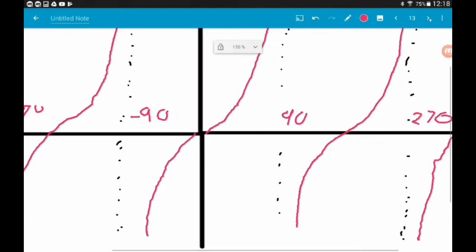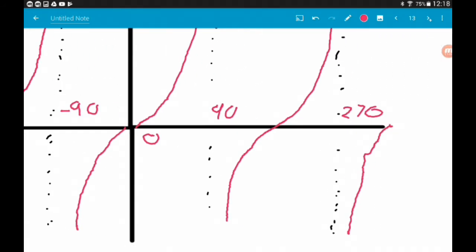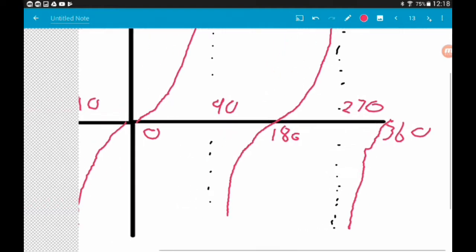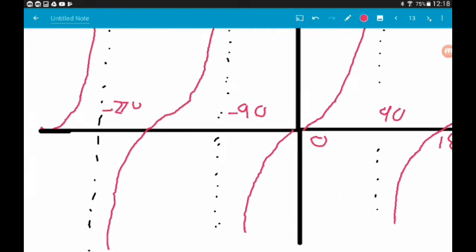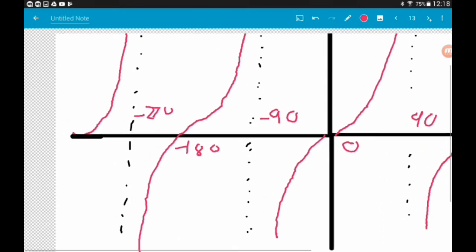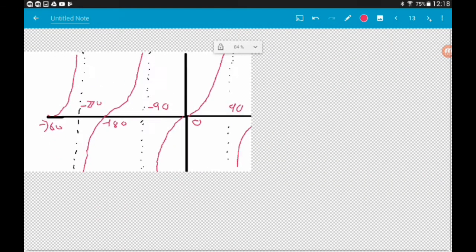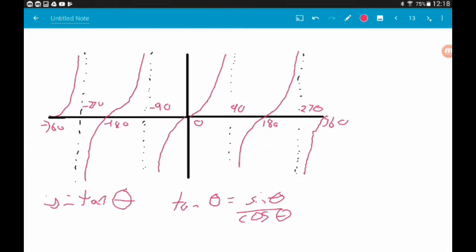As for the x-intercepts, well, we got 0, 180, 360, and then every 180 degrees to the right, and minus 180 and minus 360. So we're going to attempt to use the unit circle to show why this looks so mental.